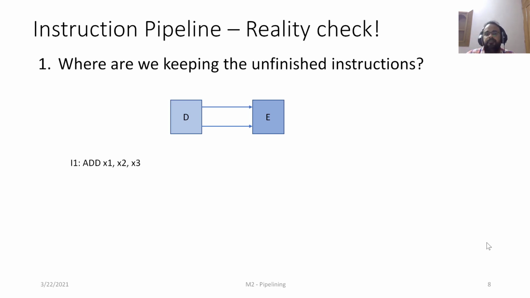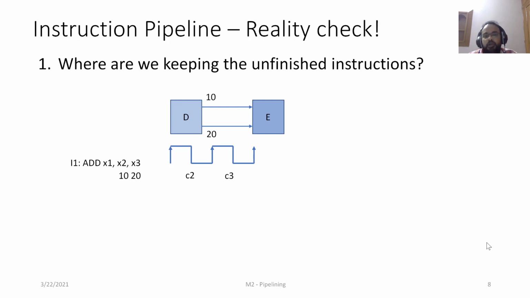Now let's say the instruction I1 is add x1, x2, x3, and let's say that x2 and x3 have values 10 and 20. So the output of decode stage would be 10 and 20, let's say by the end of cycle 2. It means that we have fetched I1 in cycle 1. By end of cycle 2, the decode will be ready and it will be driving the values 10 and 20 to the execute stage.